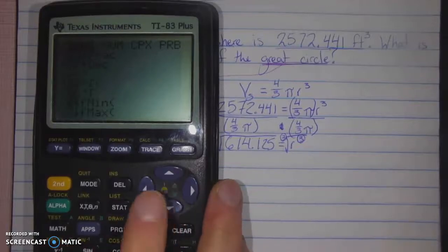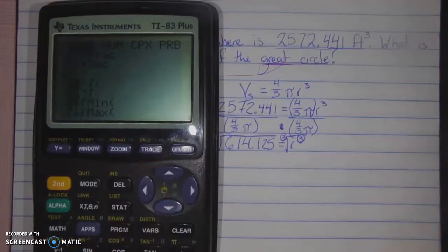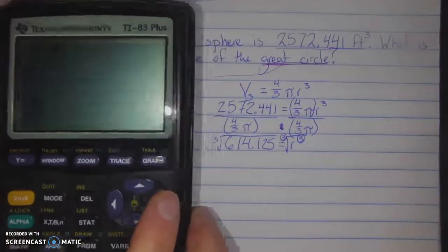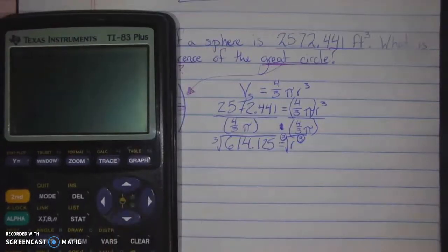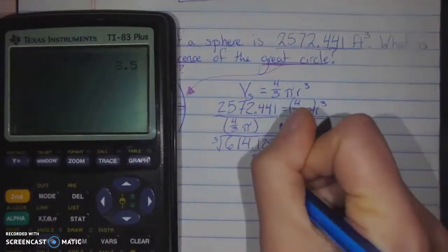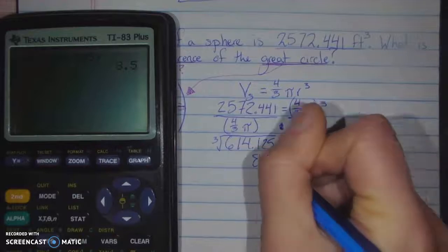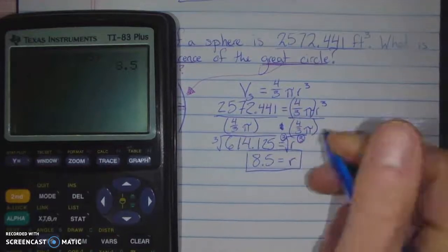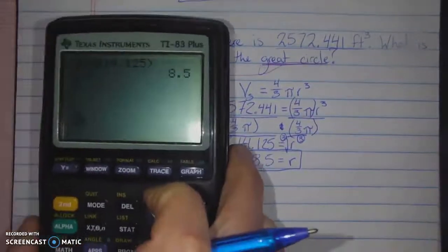Go down on mine, it's number 4, where you can see 3, the square root. It's actually the cubic root there. And you can just go ahead, press enter, type in your 614.125, and you should get an answer of 8.5 is equal to r. And that is wonderful. That's our r. We're good to go.